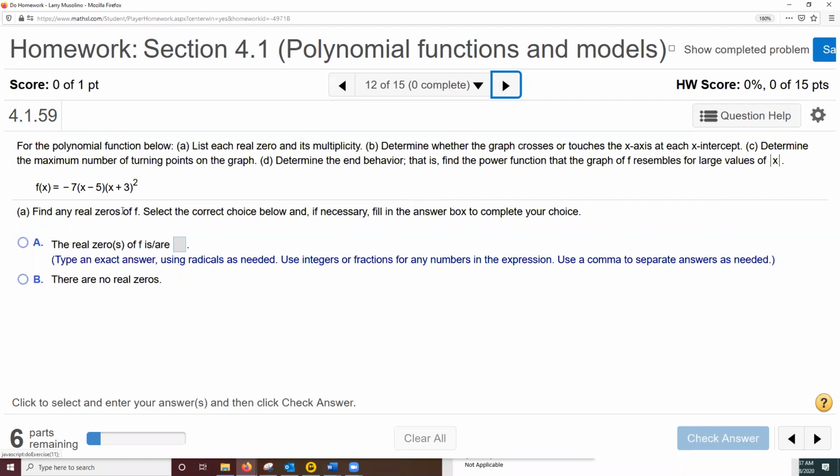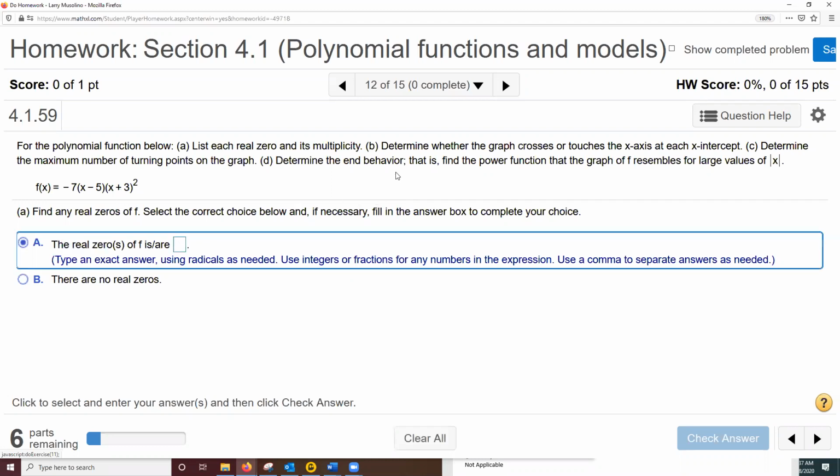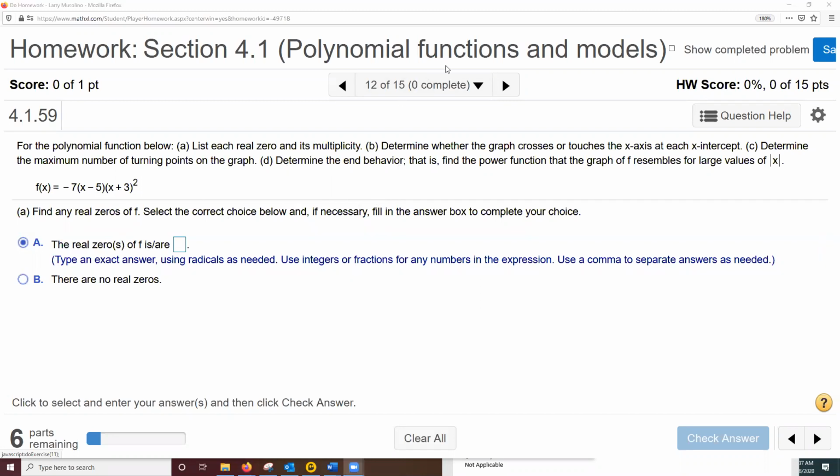All right, the first step is they're giving me this function and they say, what are the zeros of this function? Well, remember, when you see the word zero, you can think of x-intercepts. So another way to think about this question is, what are the x-intercepts? Well, for the x-intercepts, you let y equal 0.